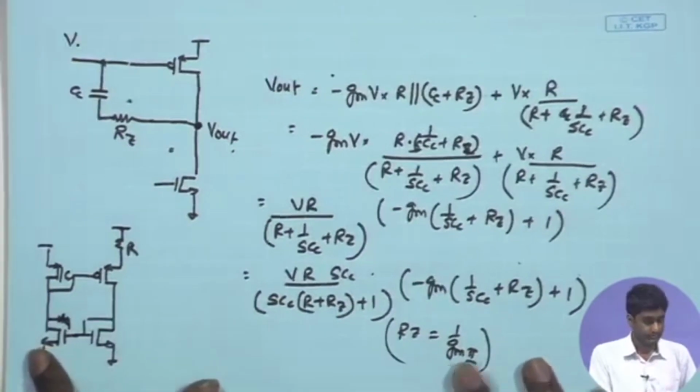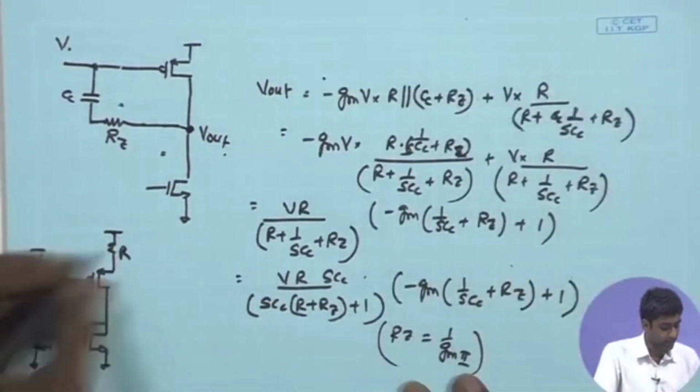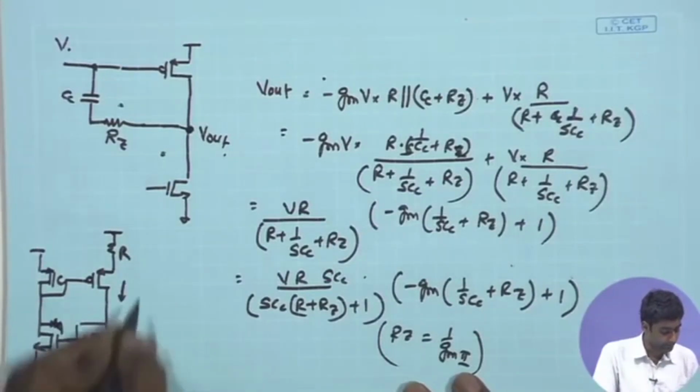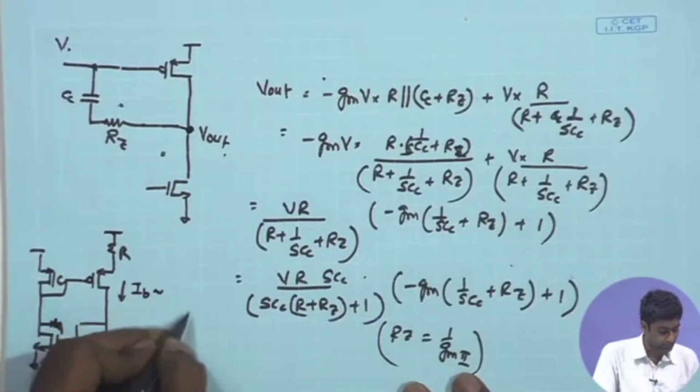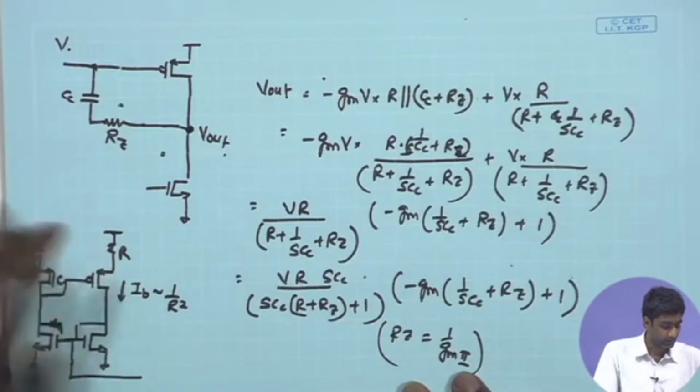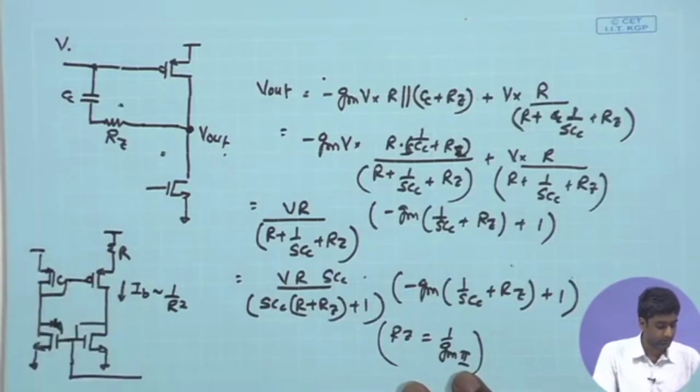If this is the R value, we can show that the biasing current that we get out of this I bias is proportional to 1 upon R square. That solution requires equating the current through this NMOS and PMOS and solving for the value of the current.